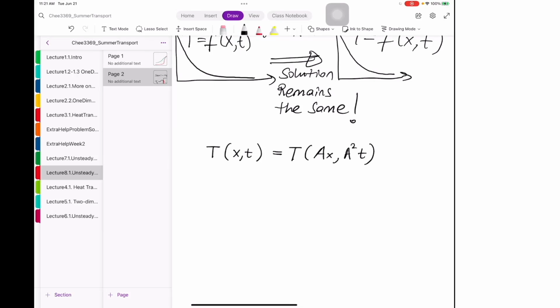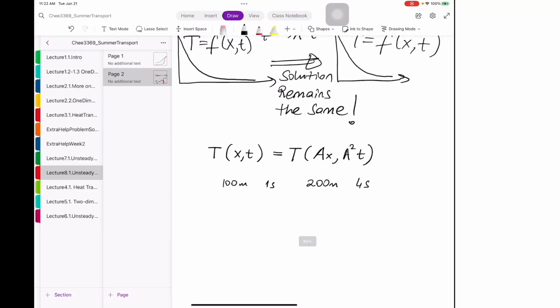It means the temperature at 100 meters after 1 second is exactly the same as the temperature at 200 meters and 4 seconds.